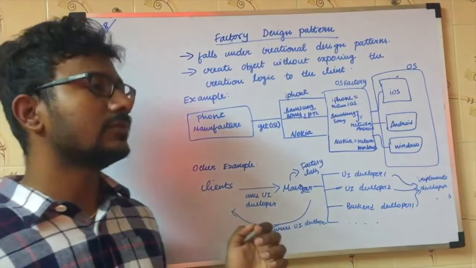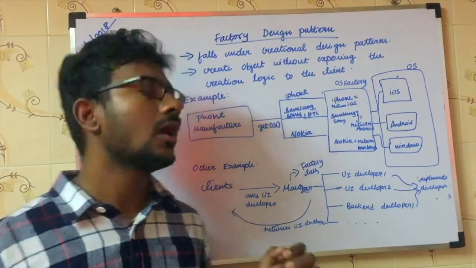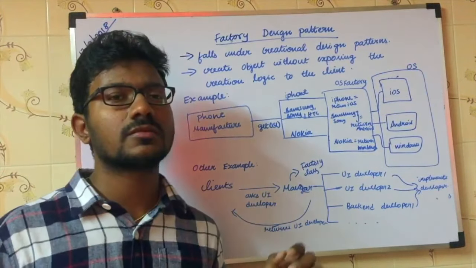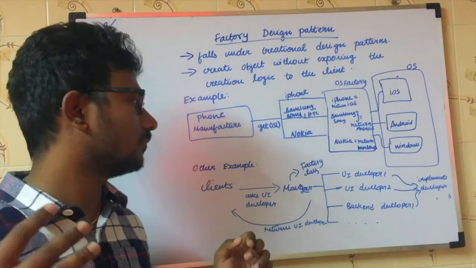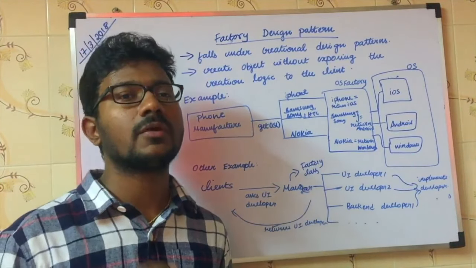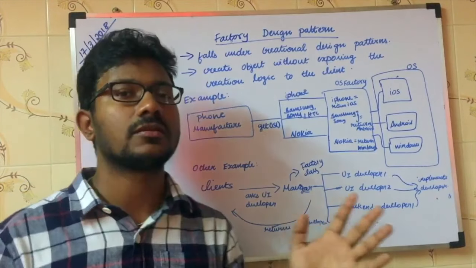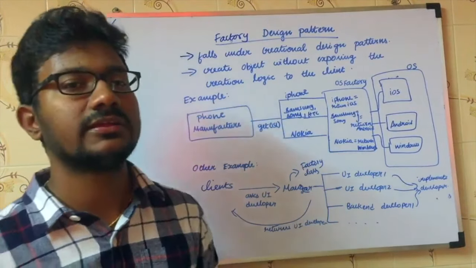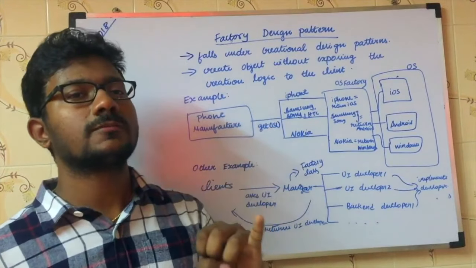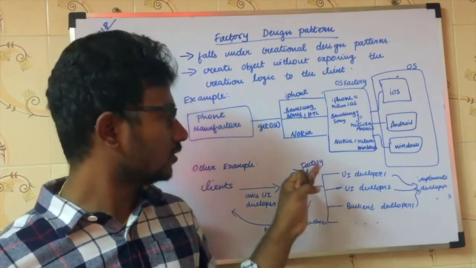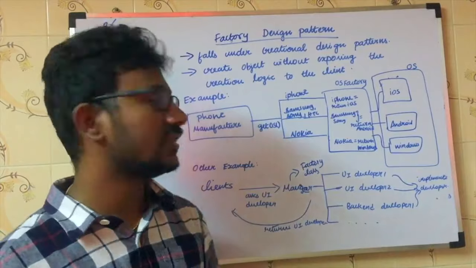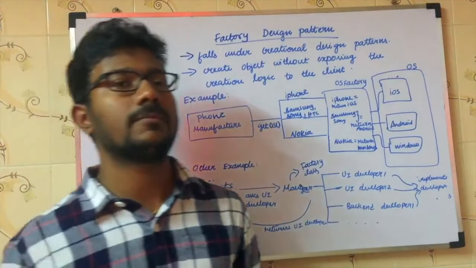After some time, a small shop owner approaches the manager and asks for a UI developer, but says he will pay only a small amount of money. The manager analyzes that request. Here the criteria are less money and a UI developer, and he uses those two criteria for picking the UI developer.